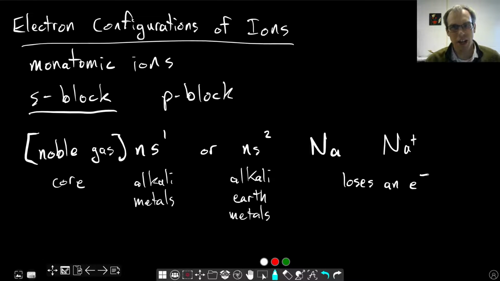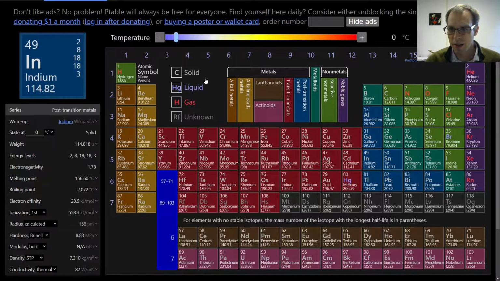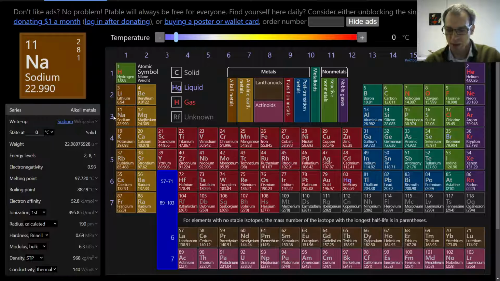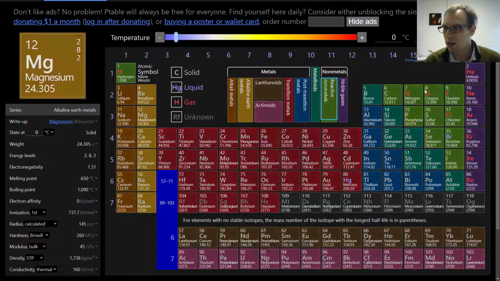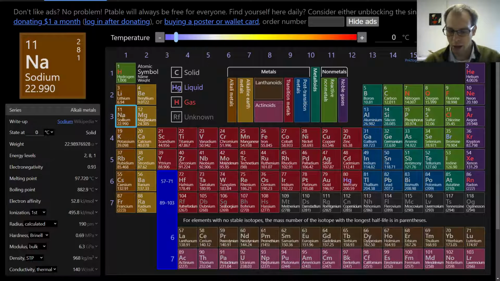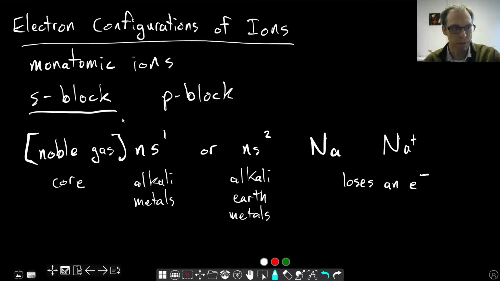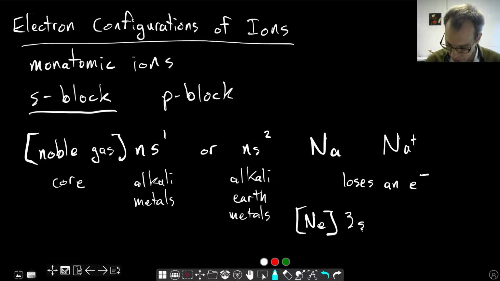And now we can understand why that is. If we look at sodium, sodium is in the third row of the periodic table, so its configuration is the core will be neon and then one electron in the 3s orbital. Right, so we'll have neon for the core electrons and then 3s1.